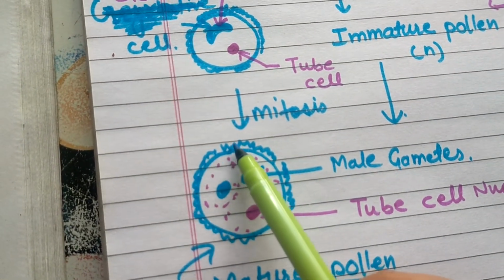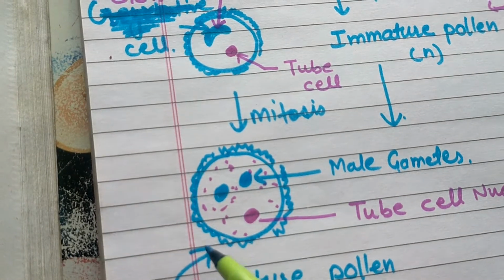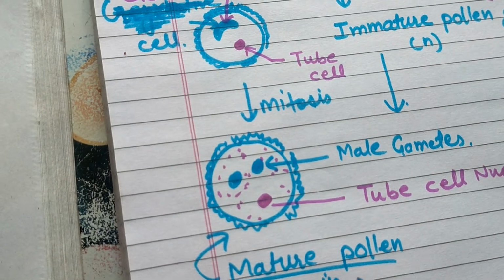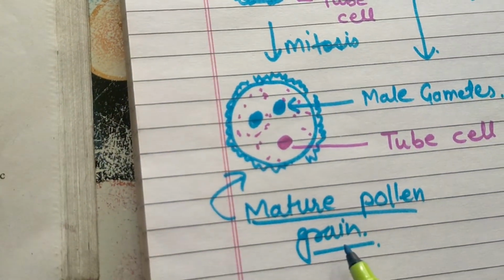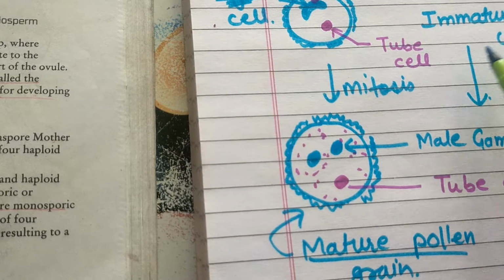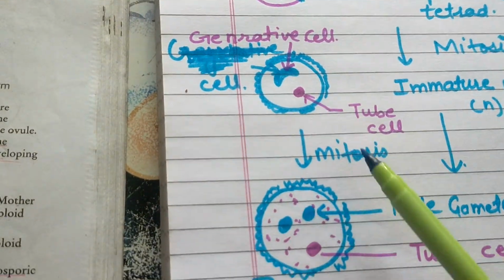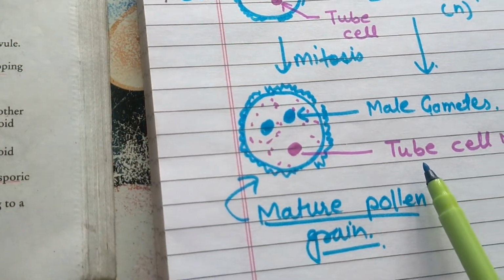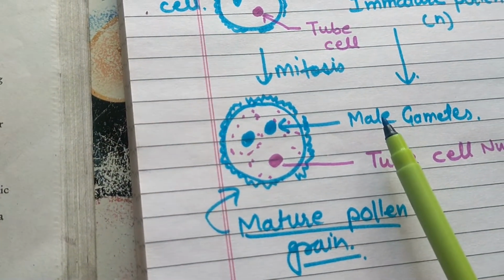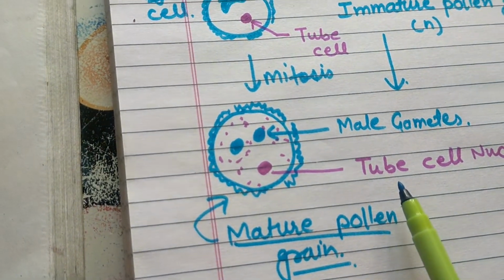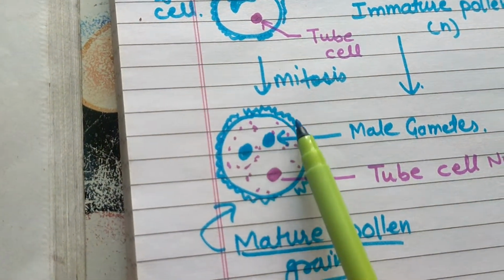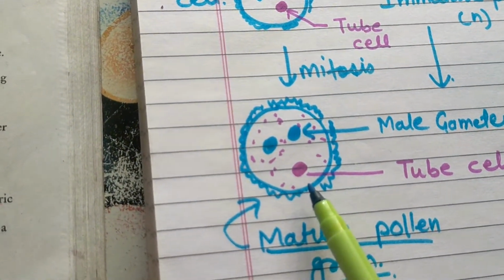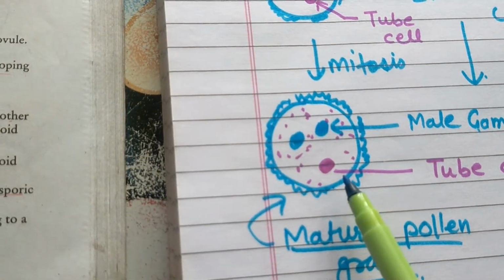You can also see that the walls are formed in the pollen grain. So now this is a mature pollen grain. From the immature pollen grain, the mature pollen grain is formed, in which two male gametes and one tube cell are present, the male gametes are present in the cytoplasm of the tube cell, and two layers, two walls, are present over the pollen grain.